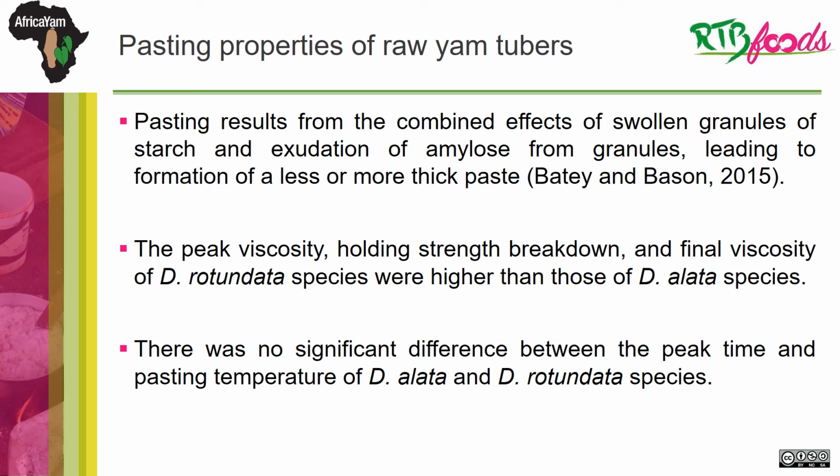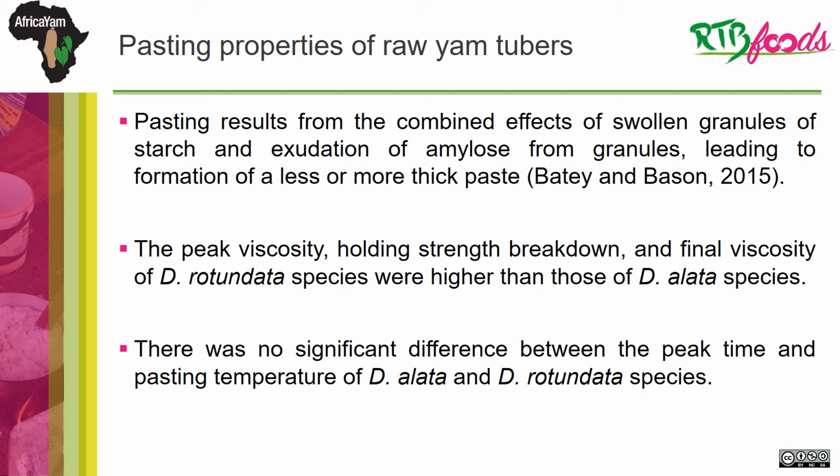Now we also looked at the pasting properties of raw yam tubers. Pasting results from the combined effect of swollen starch granules and exudation of amylose from the granules, leading to the formation of a less or more thick paste.